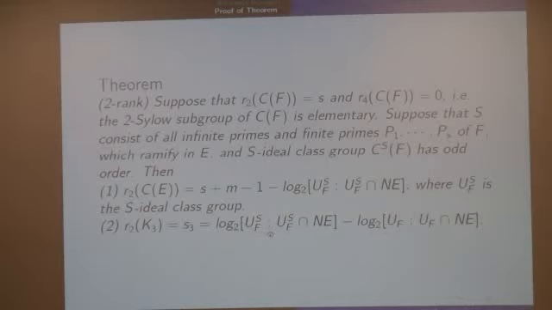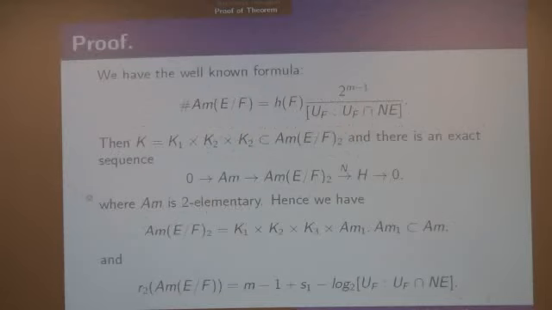We can sketch the proof. We know this formula is Sergilon's box. We suppose this formula. The ambiguous class EF, HF2 minus 1, UF injecting into NE.